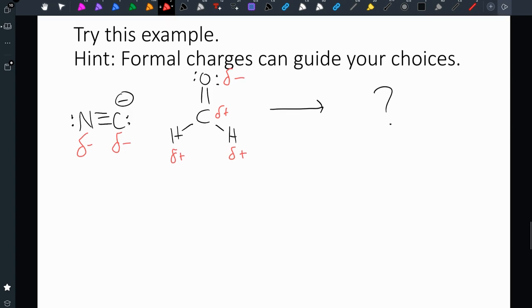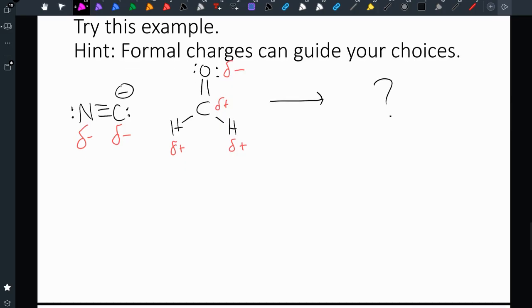I could imagine attraction from the carbon with the negative formal charge to the hydrogen. I can imagine the carbon with a negative formal charge over here going to the carbon with a partial positive charge.